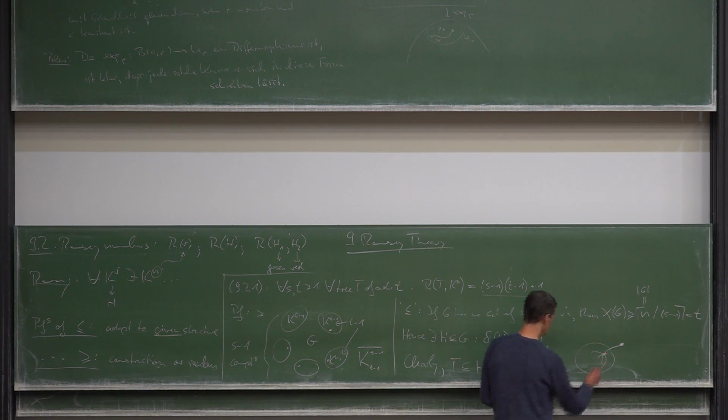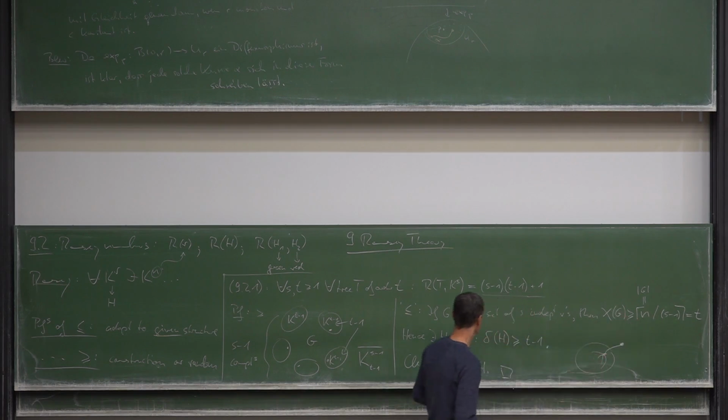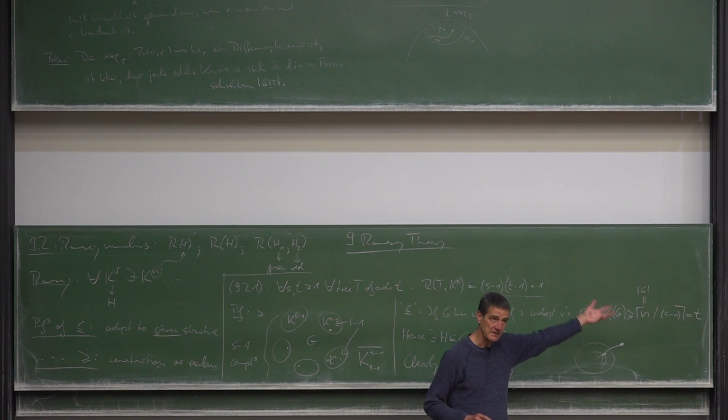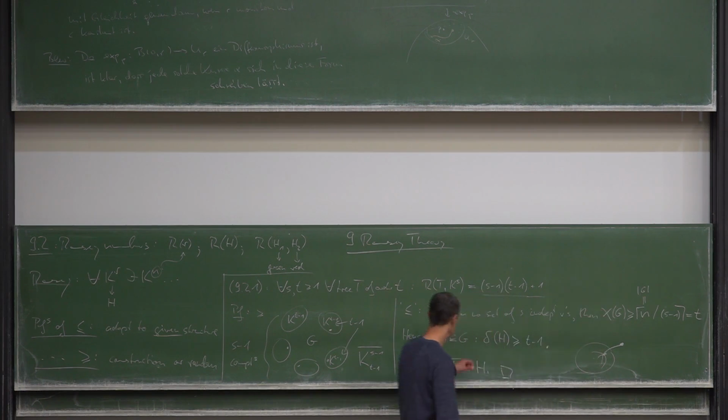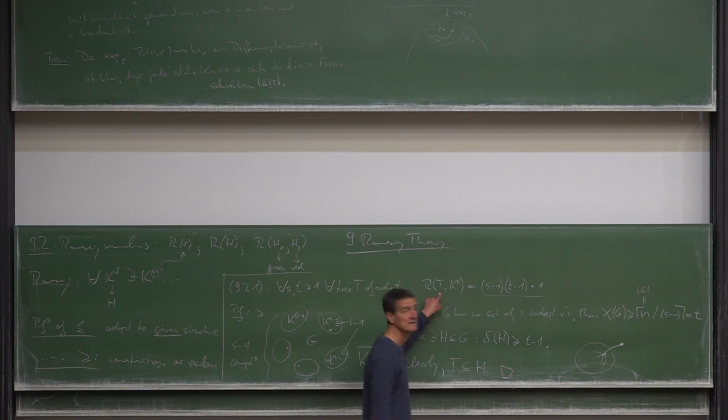So if this vertex, I'm now talking about the image, has degree at least t minus 1, then we can find it a new neighbor in the image where we want to embed T, i.e. in the graph H. So we can inductively embed T, and that's what we wanted.